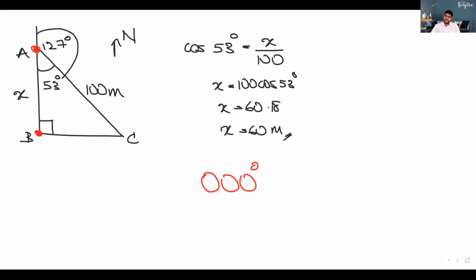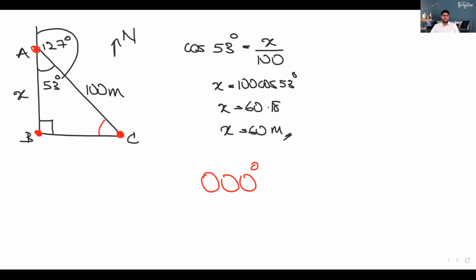Then part B2, it says the mango tree. So the bearing of the man from the mango tree. That means the mango tree is here. So from here, what is the bearing? To find it out, first we can figure out this angle, because the angles in a triangle have to add up to 180.